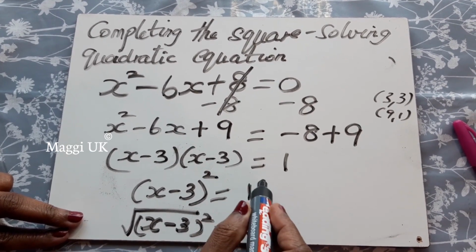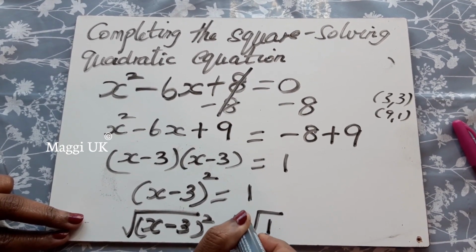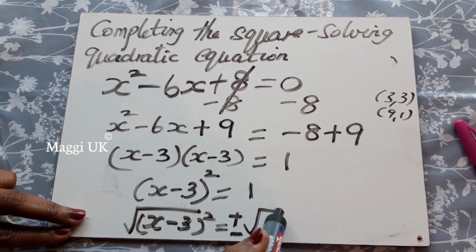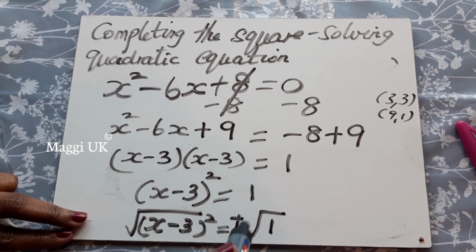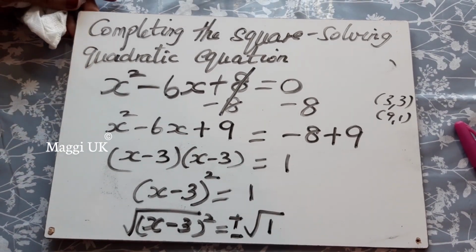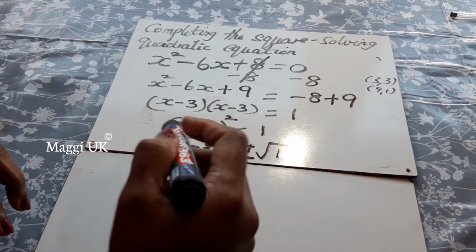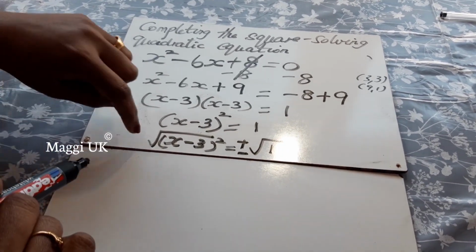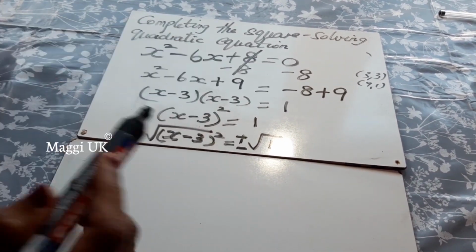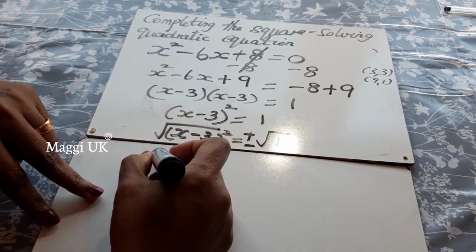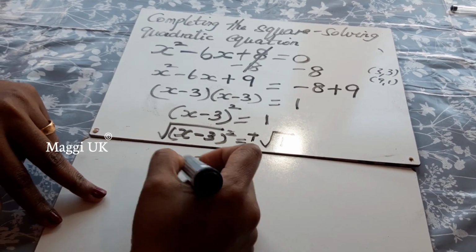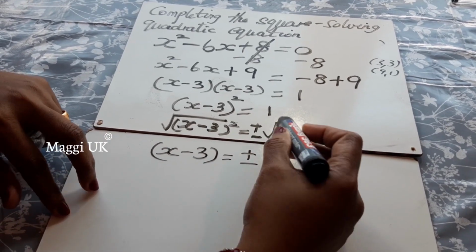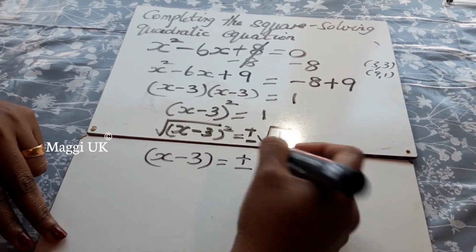When you take the square root of 1, you need to put plus or minus, because when you have any square root, you should have plus or minus. So I put the square root on both sides. The square root and the square here will go off, so x minus 3 is equal to plus or minus the square root of 1, which is nothing but 1.